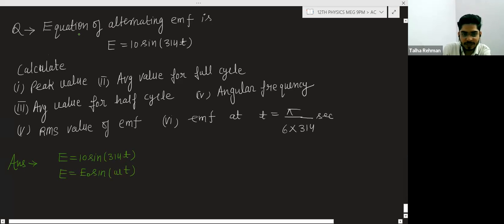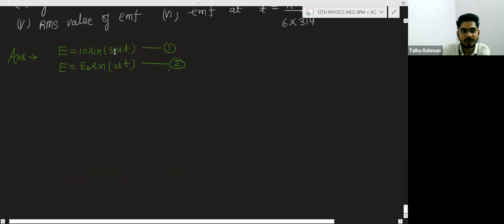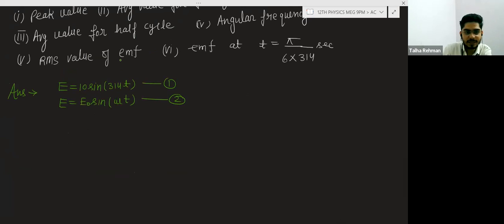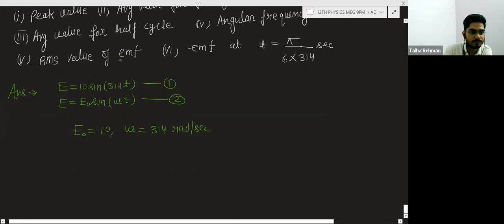When you compare equation 1 and equation 2, you get the peak value of EMF as 10, and omega as 314, and the unit of omega is radian per second.